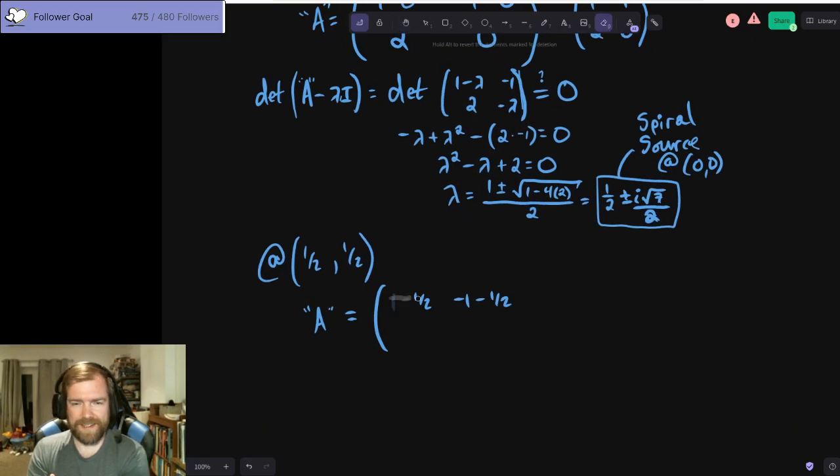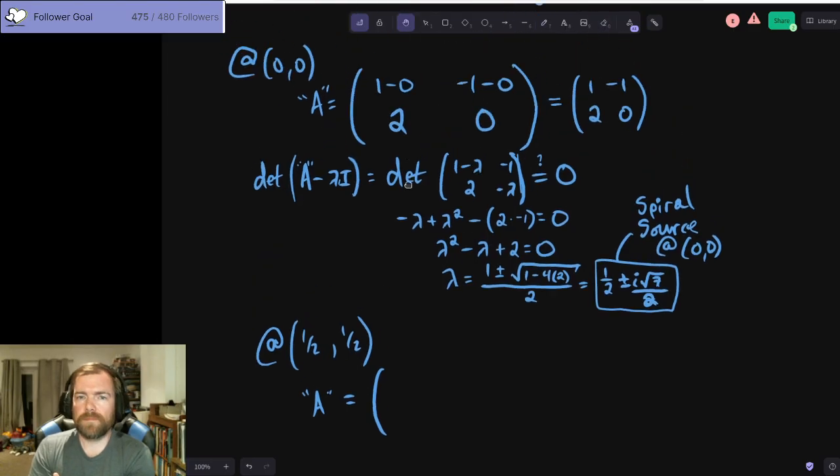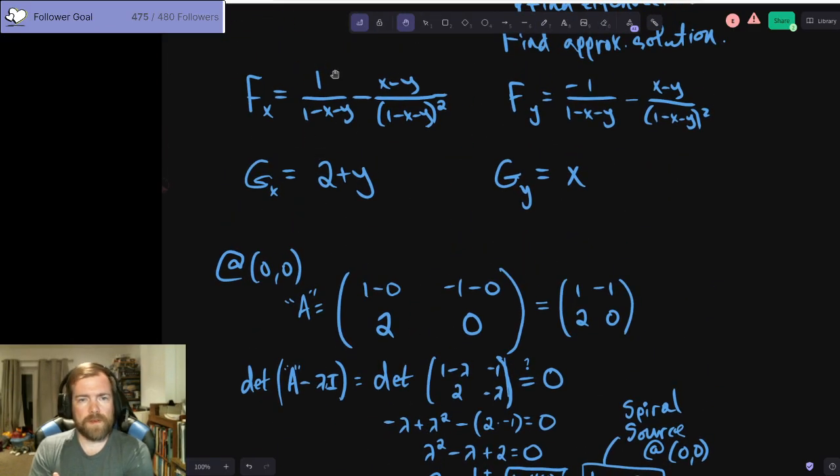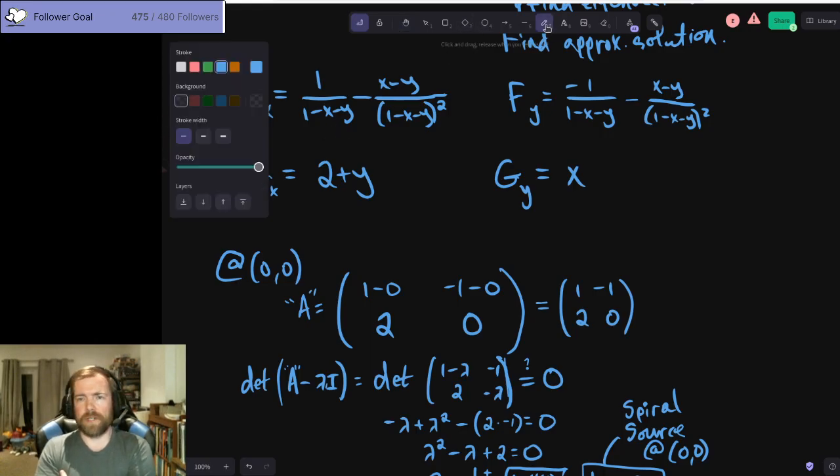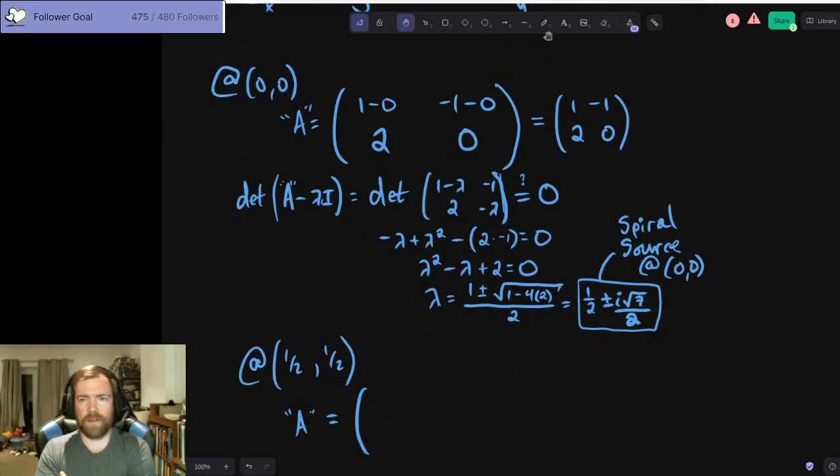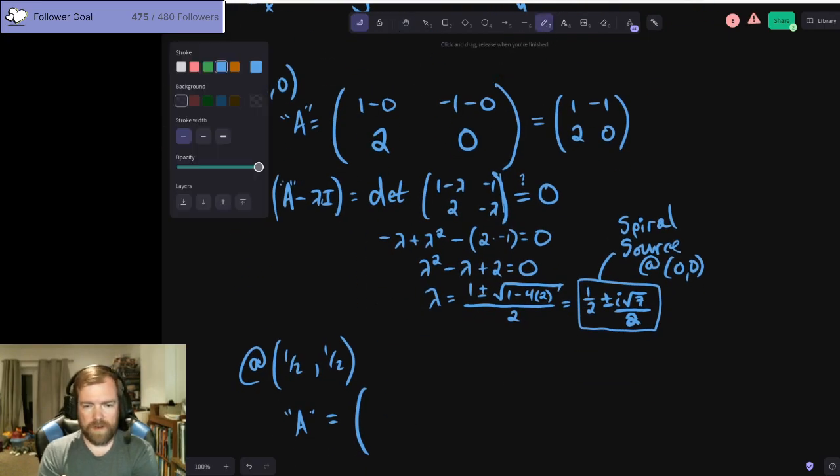Nope, not that. All right, so this is going to be 1 over 1 minus a half, which is going to be 0. So that gets us undefined. And similarly for the second one.